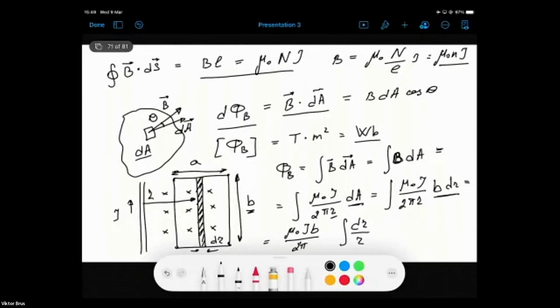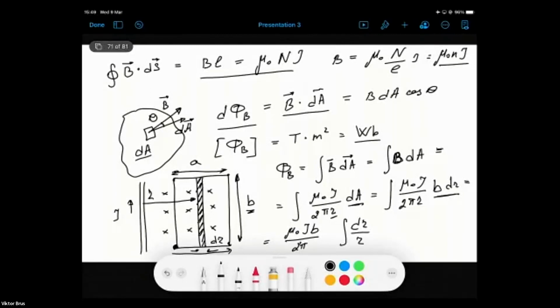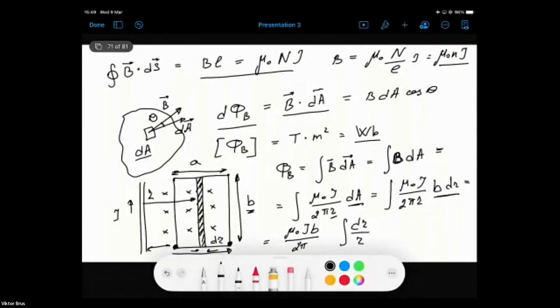So we need to start from this point and go all over to this point. Let us assume that this distance from the conductor to the left side of the frame is denoted as C. Then our radius will change in order to cover all the surface of this frame.